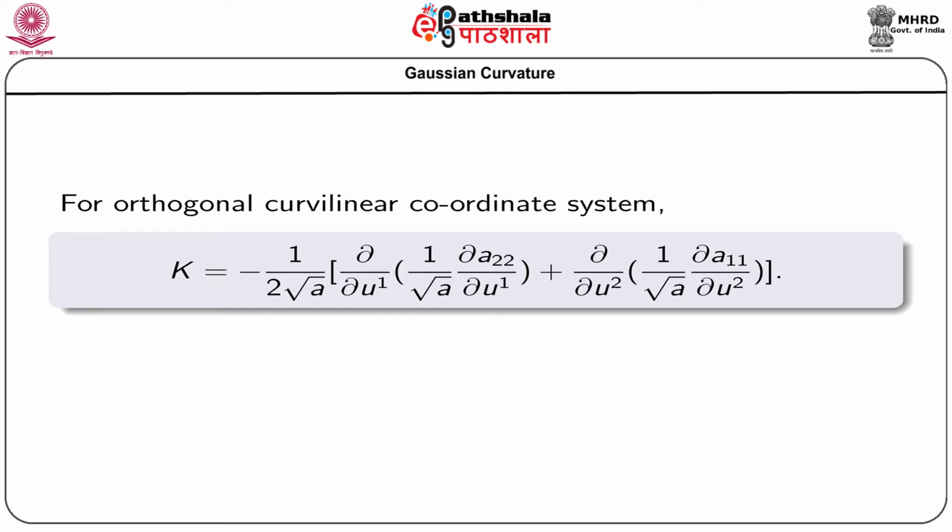Now, how is this coming? Because for orthogonal curvilinear coordinate system, we have a12 equals to 0.